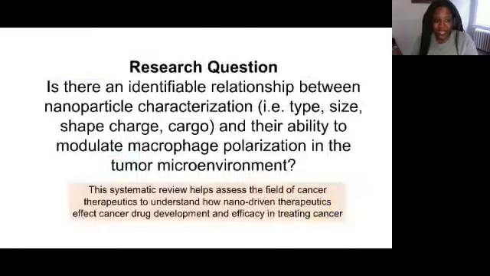For me, I think about my field being very proliferative, and I want to understand: is there an identifiable relationship between nanoparticle characterization, because this is what we can do really well, the type of nanoparticle, size, shape, surface charge, which has some other really fancy things about how you get into cells and parts of different organs, and cargo, and their ability to modulate immune cells, in this case the macrophage polarization in the environment? This is a way to assess, for the field of cancer therapeutics, how nano-driven therapeutics can affect drug development and efficacy in treating cancer.